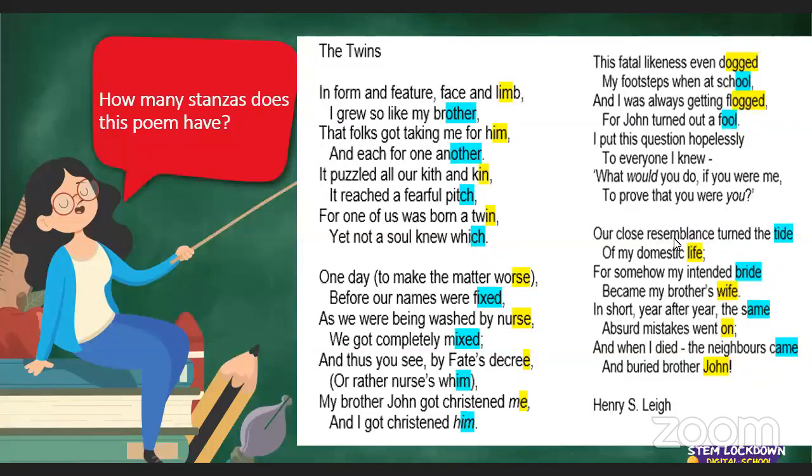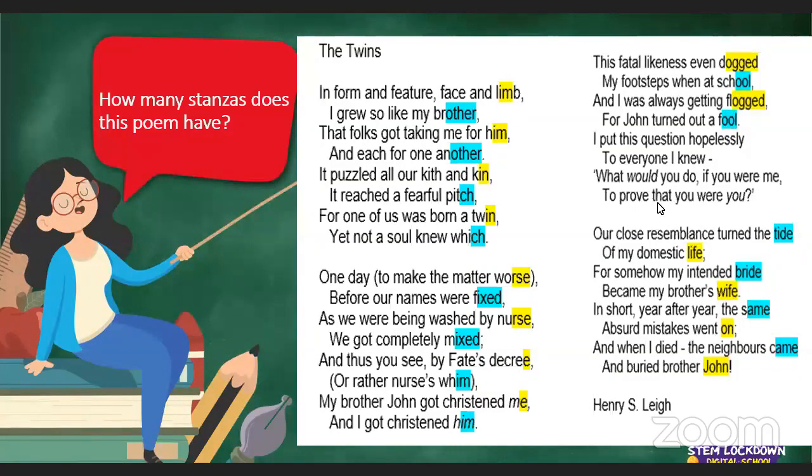He is using hyperbole to make it funny. He even calls his brother a fool. I'm just looking for that. There he goes. And I was always getting flogged for John turned out a fool. So this is not somebody who is depressed.